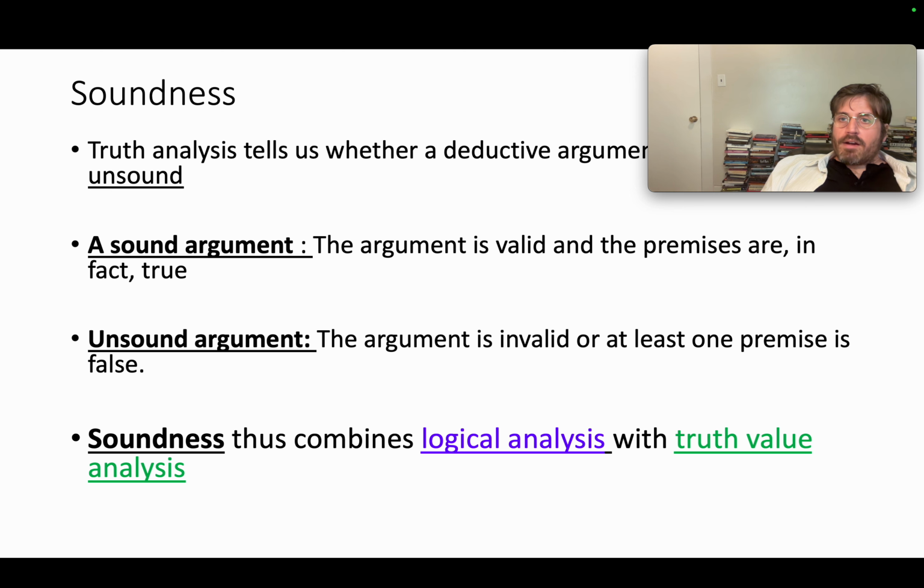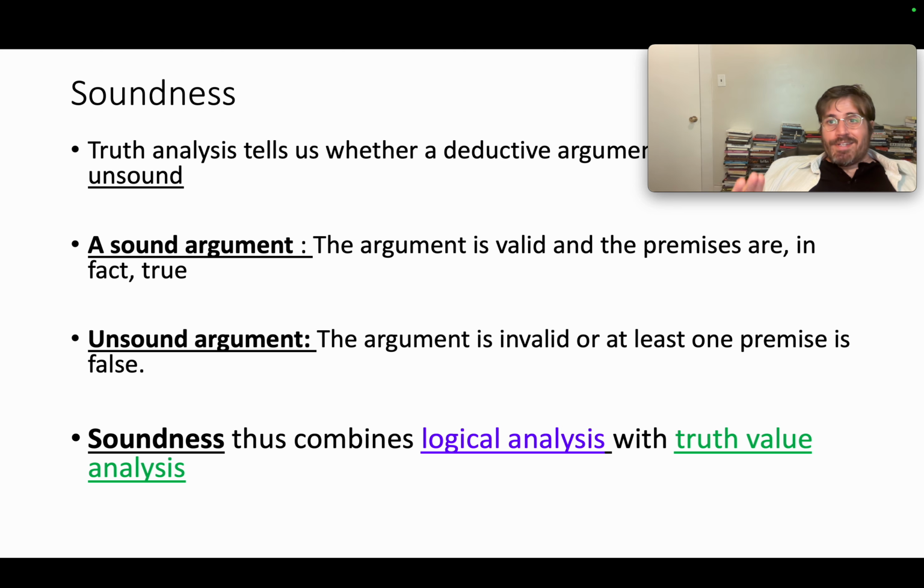Arguments are either deductive or inductive. Deductive arguments are arguments where it is impossible for the conclusion to be false when the premises are true. Inductive arguments are experiential arguments that appeal to the probability of a true conclusion given true premises, but not the certainty of true conclusions.